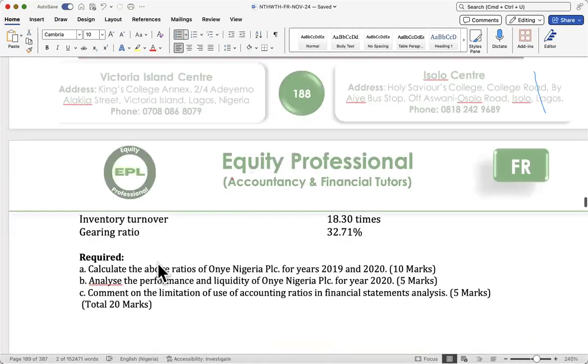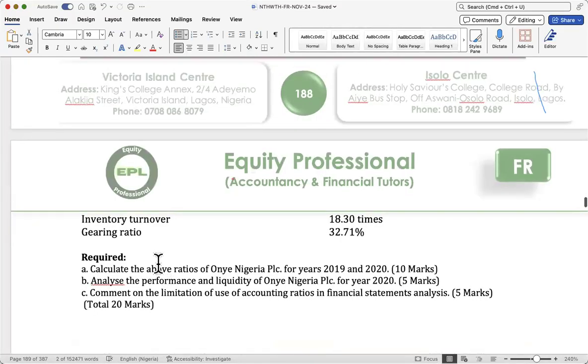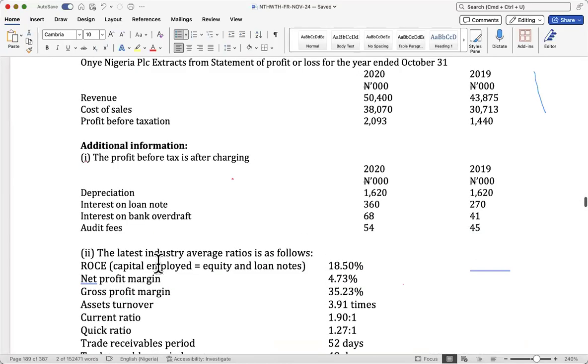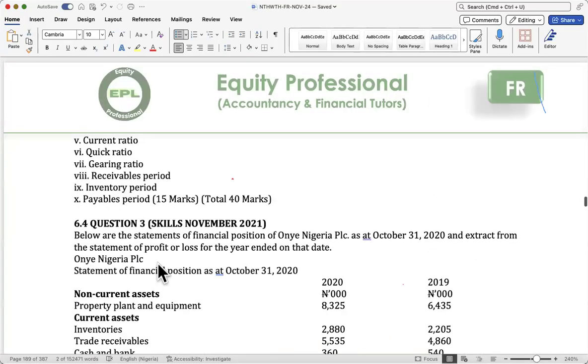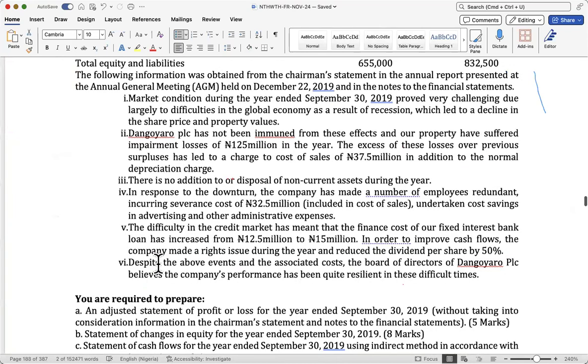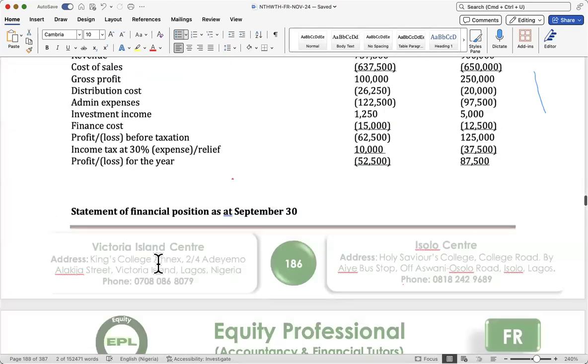Blockchain technology is what I'll be teaching you next week. Where is it? Okay, so look at it. Which year is this? This is 2020.